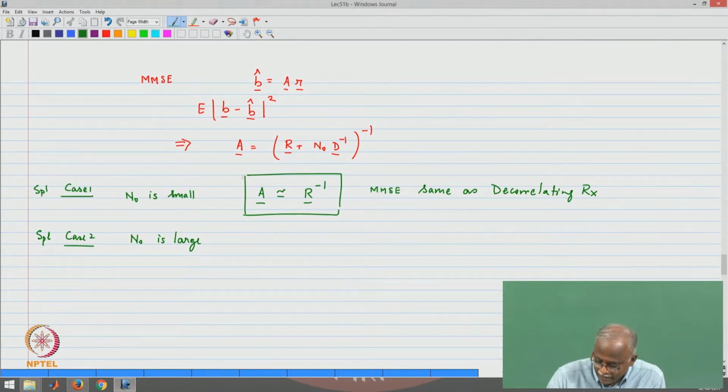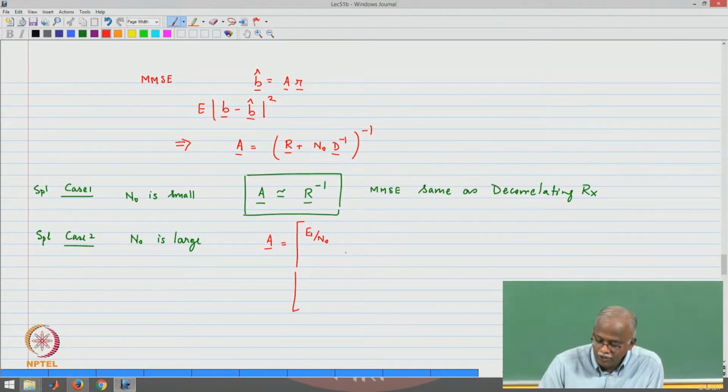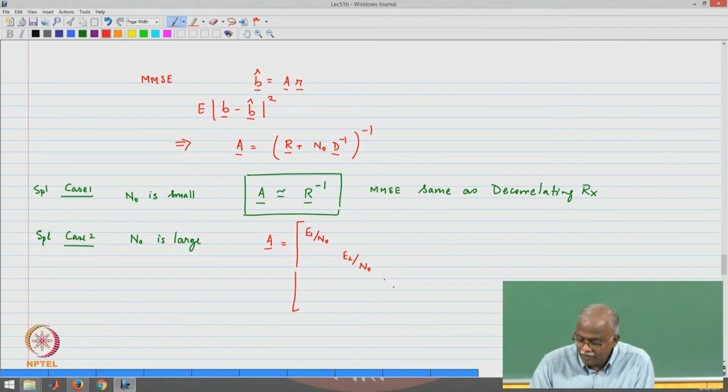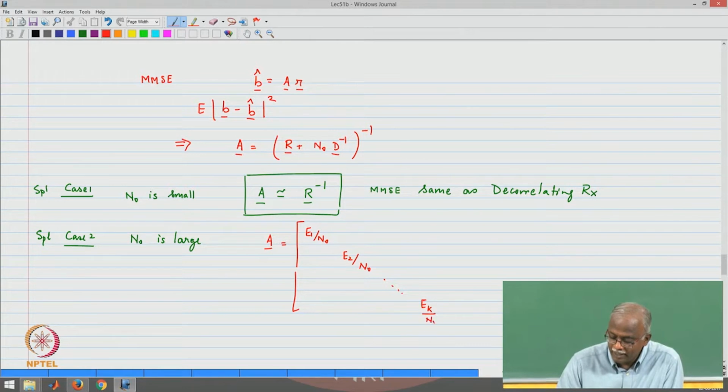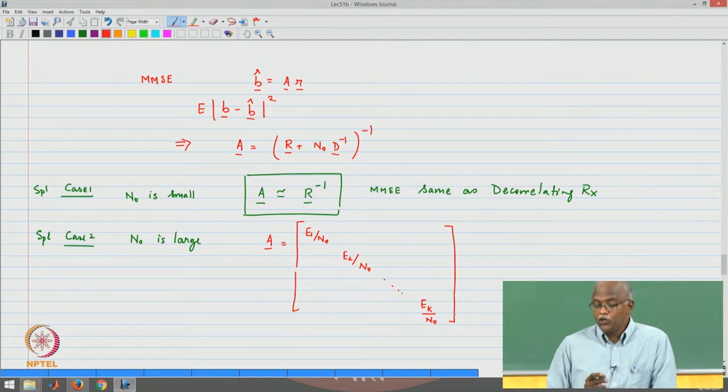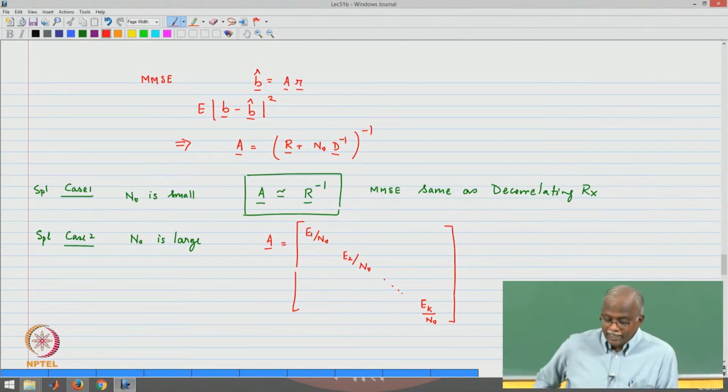So under this condition, we find that the expression for A can be written in the following manner. It is given by E1 by N naught, E2 by N naught, after D inverse, inverse. So basically notice that there are 2 inverses given, and finally it is Ek by N naught. Notice what is this telling us?